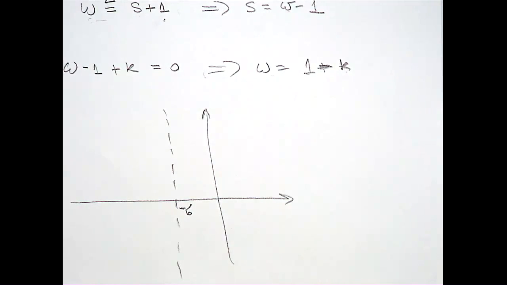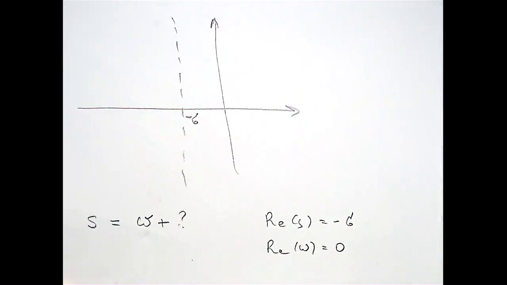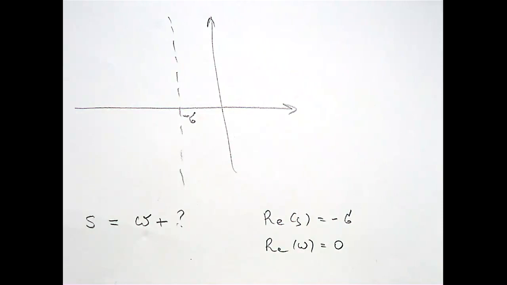That's what you want. You're shifting, translating the imaginary axis by a certain amount. You need to introduce a new variable w so that s is equal to w plus something. You need to figure out this something from these two conditions. So there you go.